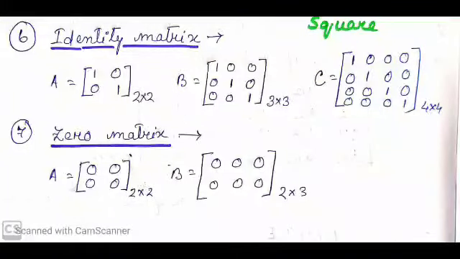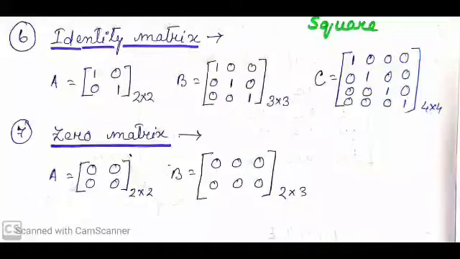The next one is the identity matrix. Identity matrix means the diagonal elements should be 1 and the non-diagonal elements are 0. So here I have given 3 examples. See matrix A. Matrix A is a 2 by 2 matrix. 2 by 2 matrix means 2 rows, 2 columns. Here the diagonal elements are 1, 1 and the non-diagonal elements are 0.